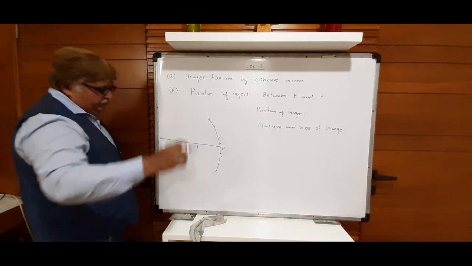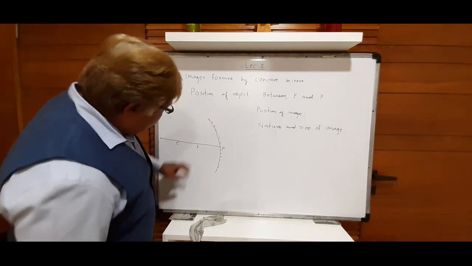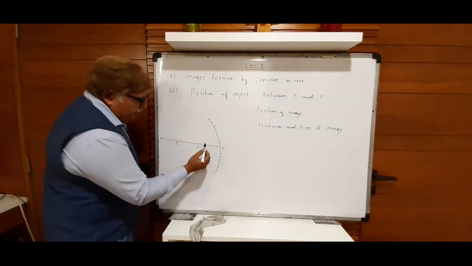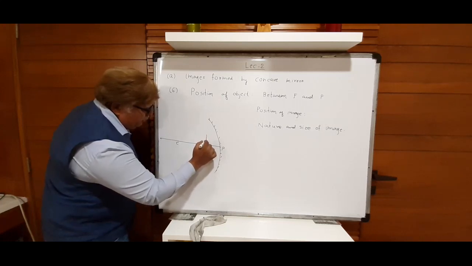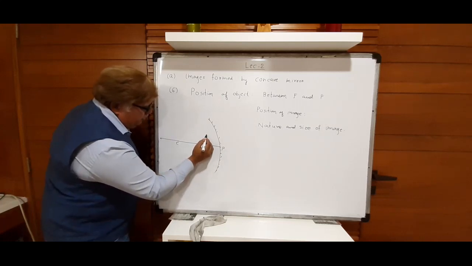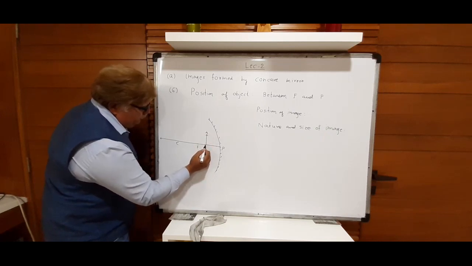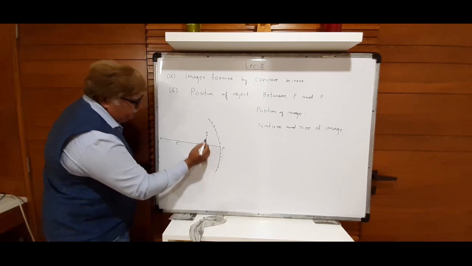This is C. Exactly, looking nice. The diagram is over. Now the object is kept here between focus and pole. This is the object AB.